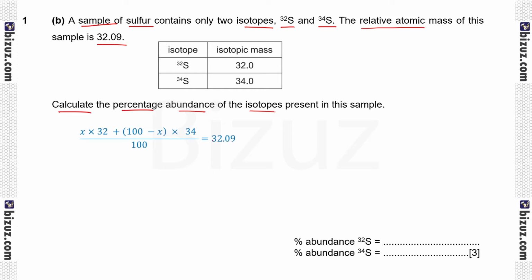And the relative atomic mass is given as 32.09. So if we work out the value of X, then we can find that X equals 95.5. That means for sulfur-32, the percentage abundance is 95.5, and for sulfur-34, the percentage abundance is 100 minus 95.5, that is 4.5.